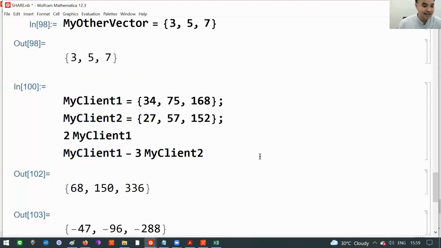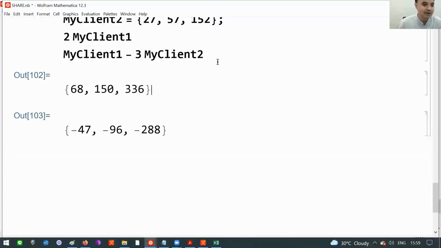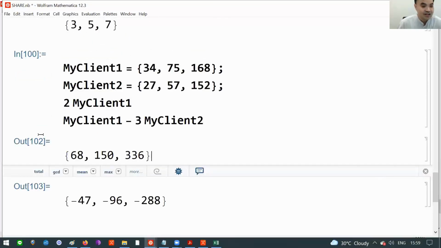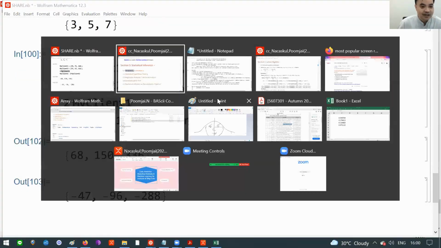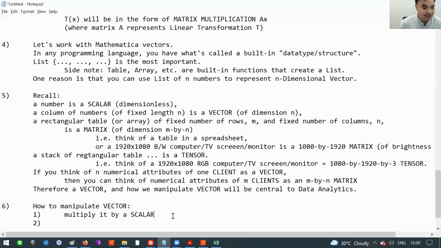This is all valid, it's just a number. So what can you do with a vector? You can multiply with a scalar. You can add or subtract it by another vector of the same dimension. Okay, you can do that, right?